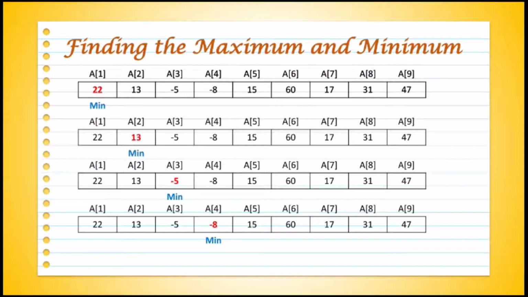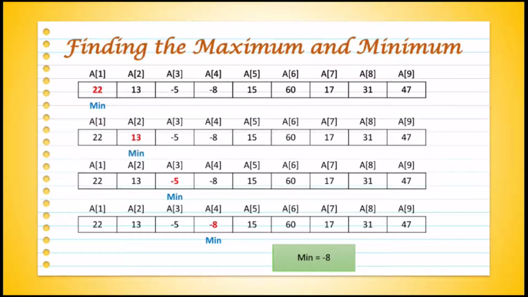So the value of min will remain as it is. Now compare the minimum value with the last element. Is 47 less than minimum, that is min value? No, the condition is false. So at the end the min value is minus 8. That is the minimum value from the given list.